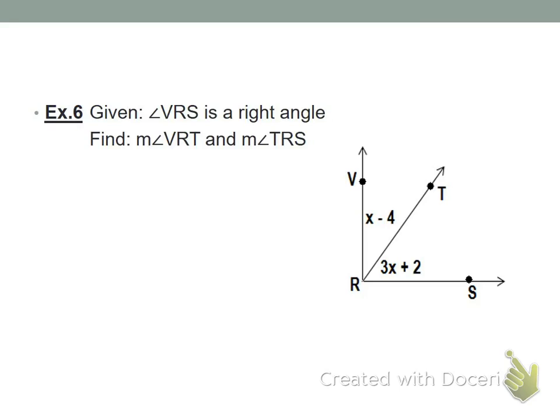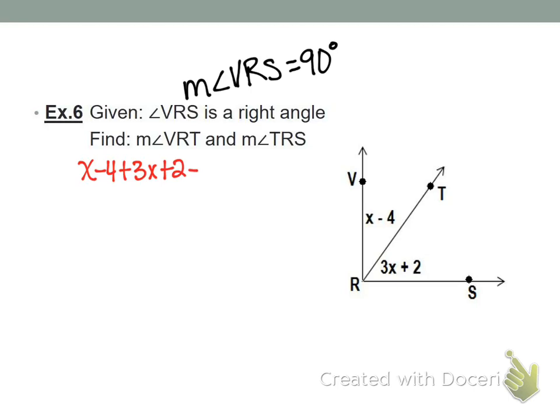All right. This one I am going to let you try on your own. The only real difference here is that the directions tell us that we have a right angle. So we have to know that that means its measure is 90 degrees. Okay, so we should have taken x minus 4 plus 3x plus 2 equals 90.